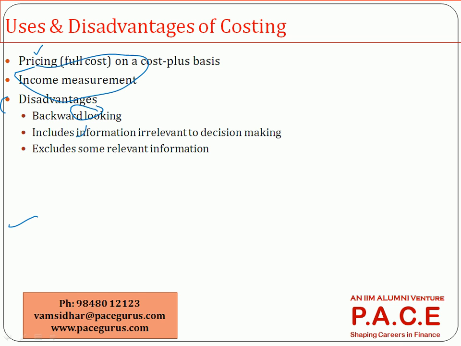For example, the marketing costs. If I have been observing, I will say the marketing cost should be some proportion of my sales. So if my sales target is 100 crores, then probably I may say I can put 3%, which is 3 crores, as my marketing expense.